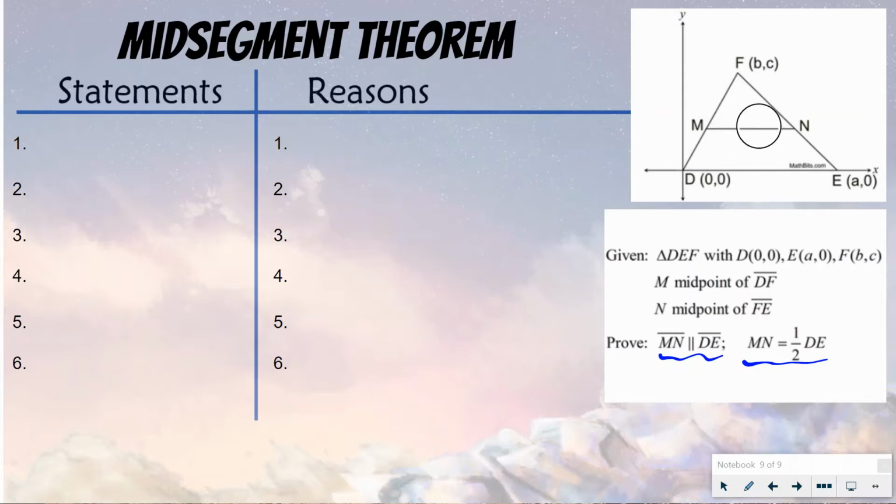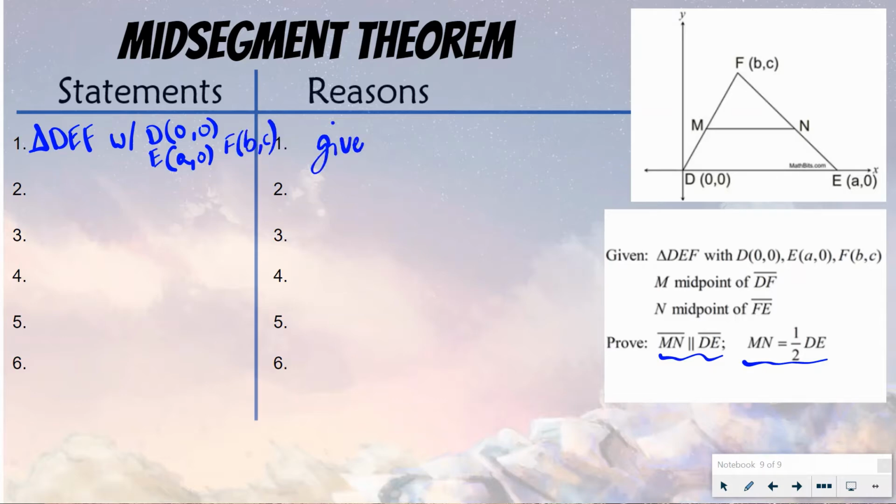And the first thing I'm going to do is take this triangle DEF with these 3 points as its vertices. So that is just my given statement.